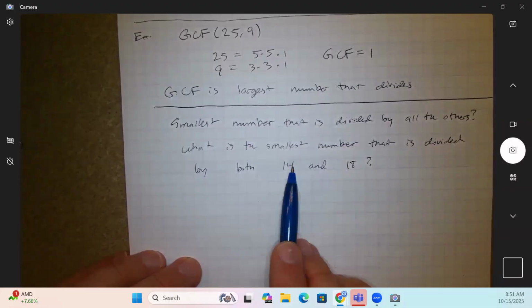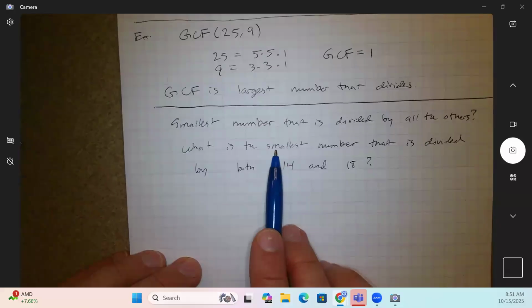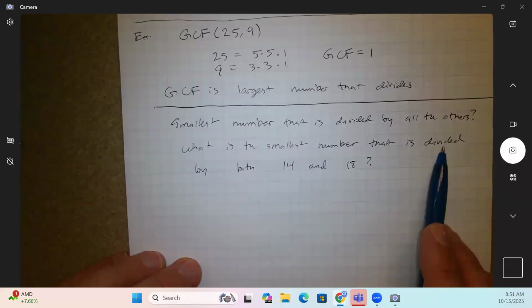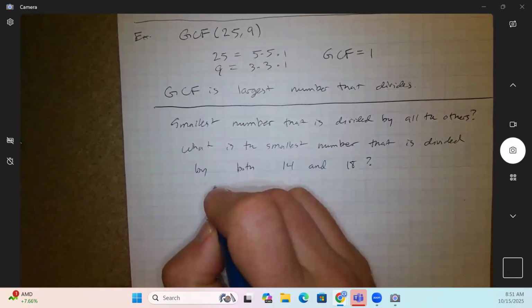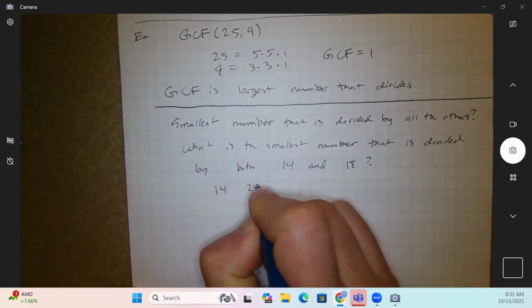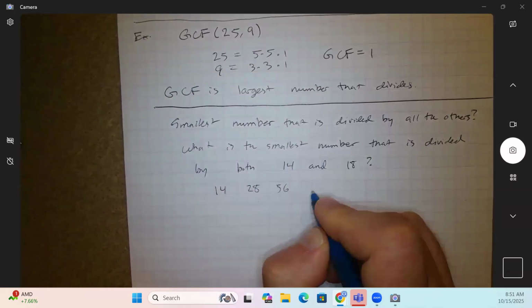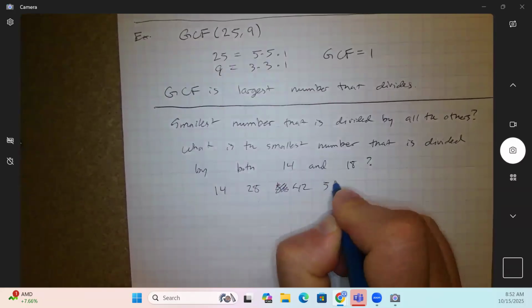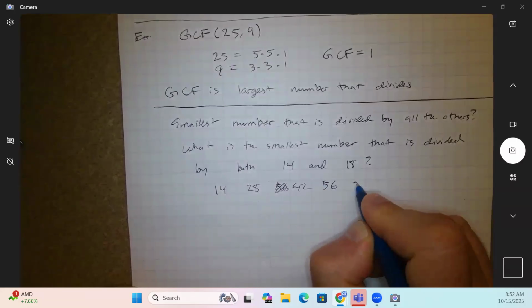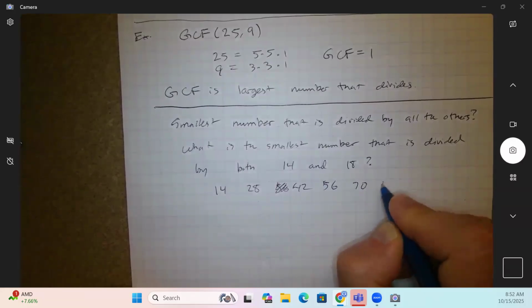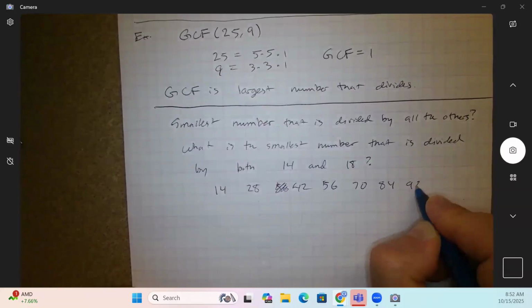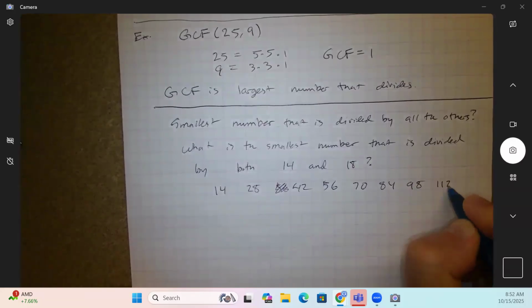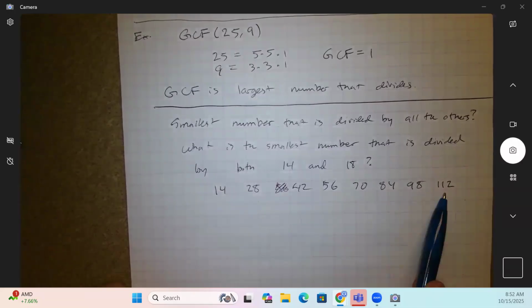But now we are looking for a number that is divided by, right? So numbers that are divided by 14 include 14, 28, I skipped one, 42, 56, 70, 84, 98, 112. These are numbers that are divided by 14.